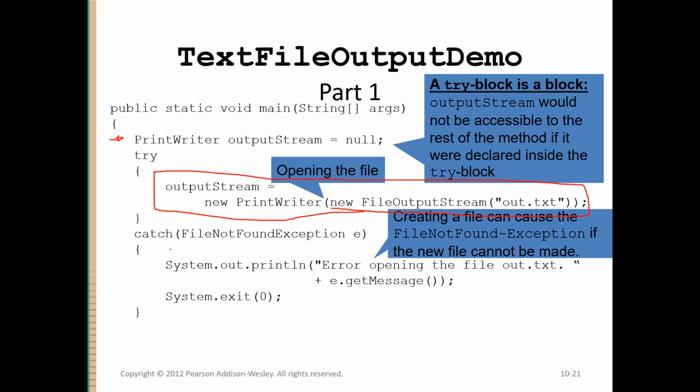But in this example, I can just leave it inside; it's not a big deal. Then if there's a problem, I'll catch the file not found exception, and I can display some message and stop the program, for example, or do something else. That's how I would use the try-catch along with output streams or input streams.